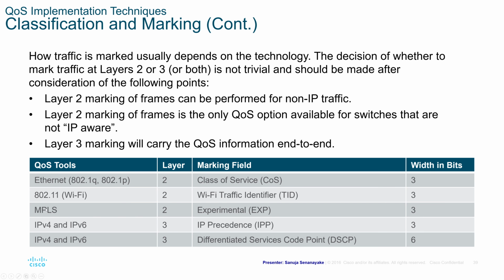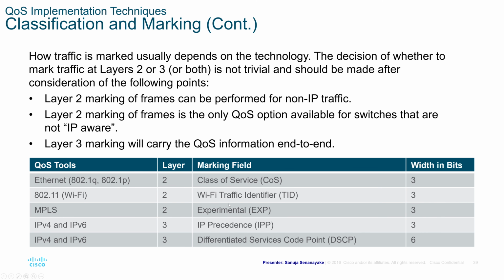It shows us the QoS tools, the layer at which each operates, and the marking field and width in bits. So for example, Ethernet, which is 802.1q and 802.1p IEEE standards, uses layer 2, and the marking field is class of service, or COS, and it is 3 bits long. 802.11, again the IEEE Wi-Fi standard, uses layer 2, and it is the Wi-Fi traffic identifier, also known as TID, and it has a bit width of 3.